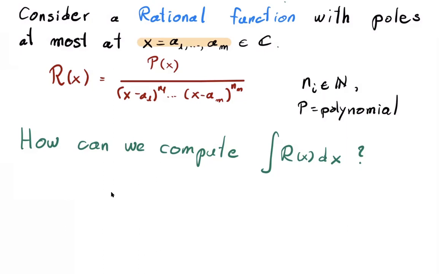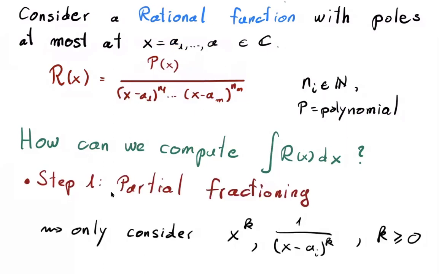Well, clearly such a rational function must have this shape, right? There's no other choice. It must be some polynomial divided by some powers of x minus a_r. How can you compute the integral of this rational function? Well, I guess you all know how to do that.